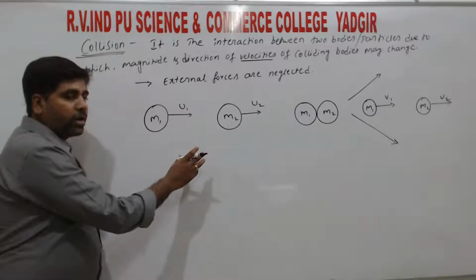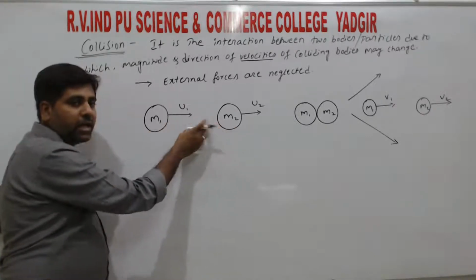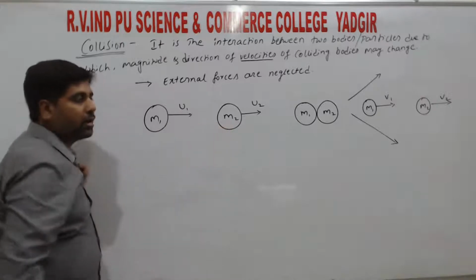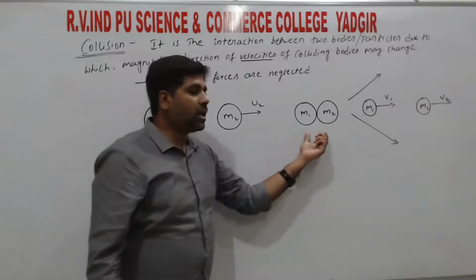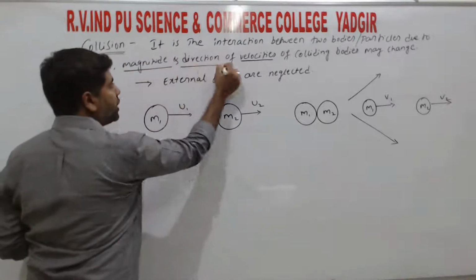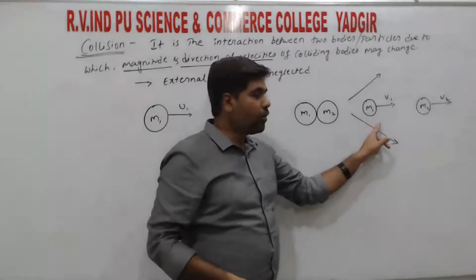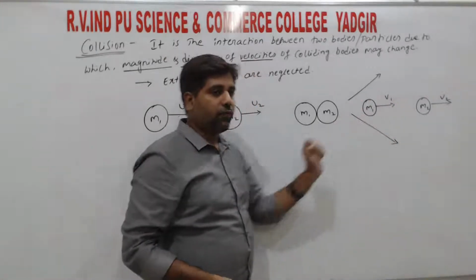So for a collision there must be two objects, and these two will interact, meaning the objects are moving, right? After interaction, the important things are magnitude and direction. Magnitude means the numerical value of the velocity may change.